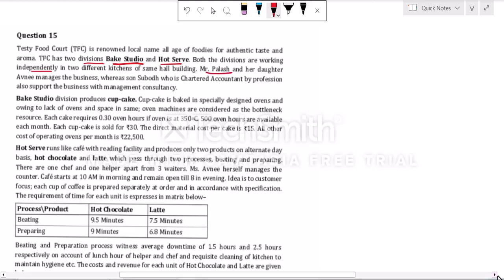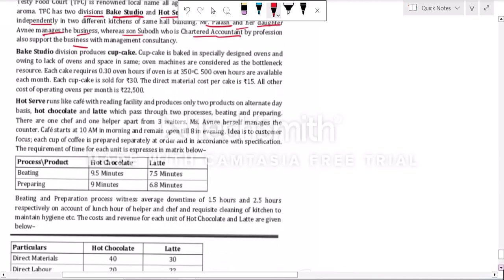Mr. Palej and her daughter Avni manages the business, whereas son Subodh, who is chartered accountant by profession, also support the business with the management consultancy. So they have two divisions as of now. That is only important. Bake Studio and Hot Serve.